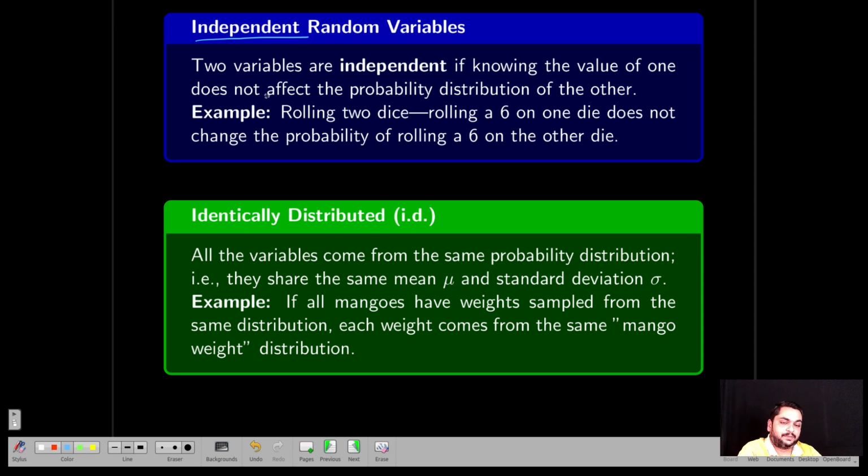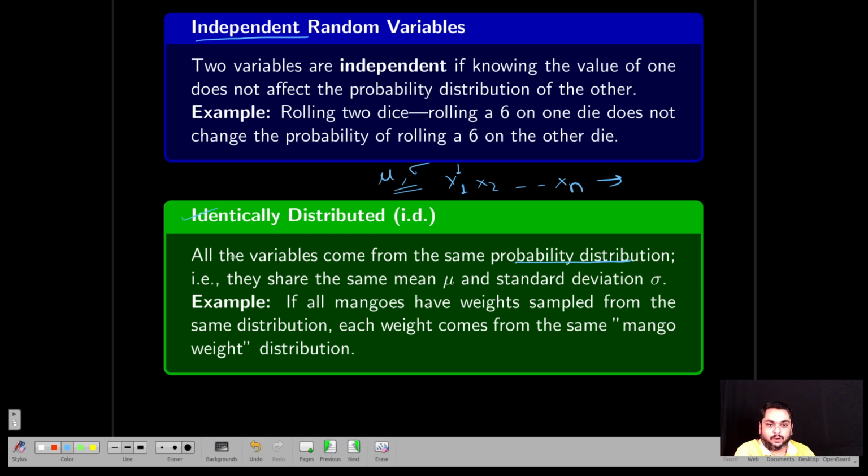They come from the same distribution, not from different distributions. All variables come from the same probability distribution. Say x1, x2, xn all come from the same distribution, which means it is identically distributed. Why? When they come from the same distribution, all will share the same mu and standard deviation.